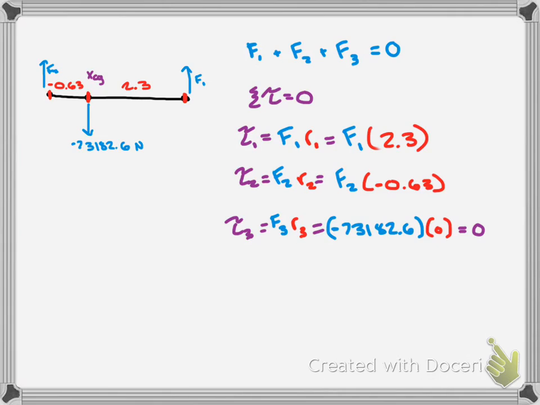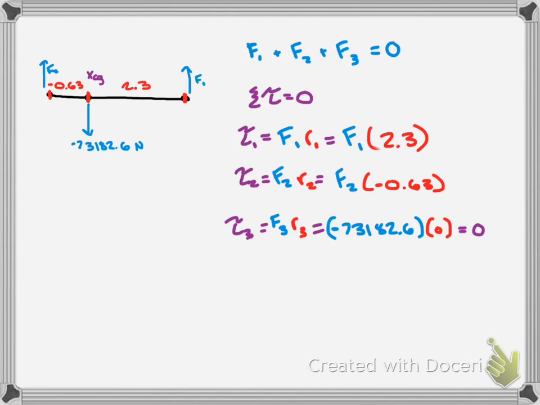Okay, so we know torque 1 is F1 times R1, and we know that R1 is 2.3 meters, so torque 1 is equal to F1 times 2.3, and we know that torque 2 is F2 times R2, and we know R2, which is negative 0.63, so torque 2 is F2 times negative 0.63, and torque 3 is F3 times R3, and we know both values for F3 and R3.